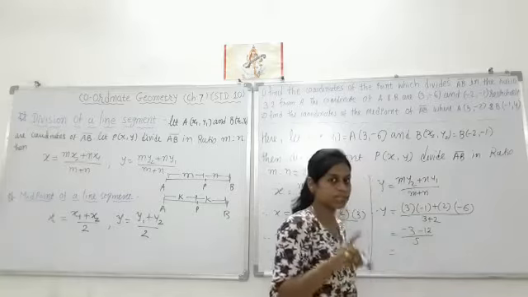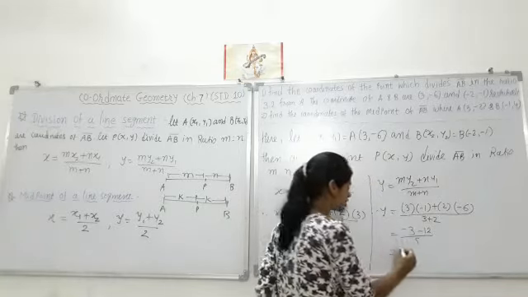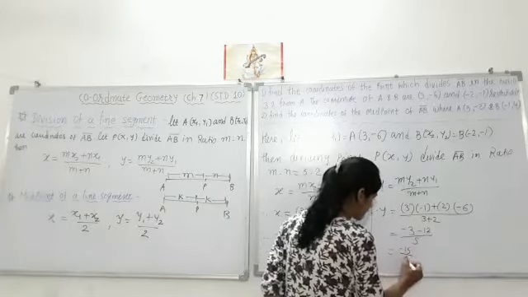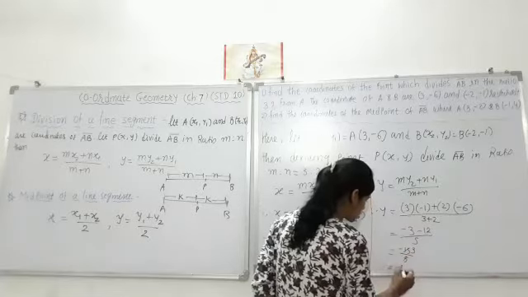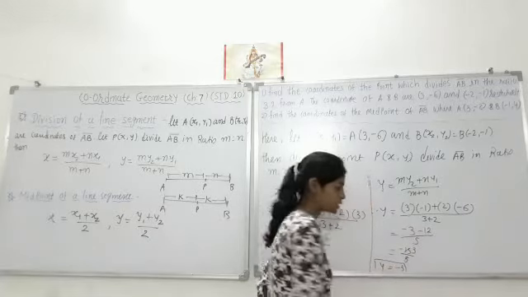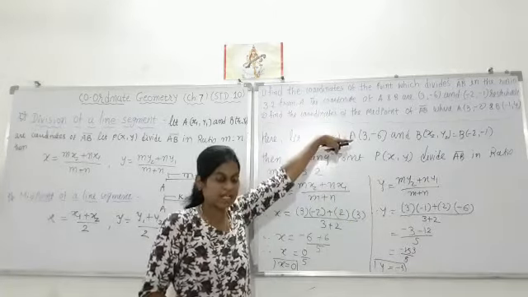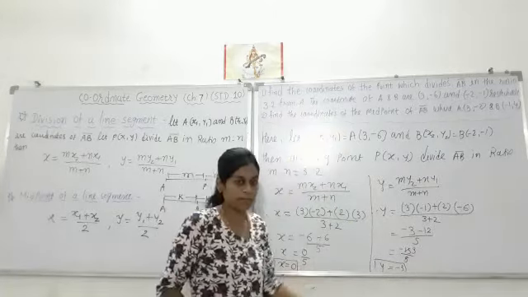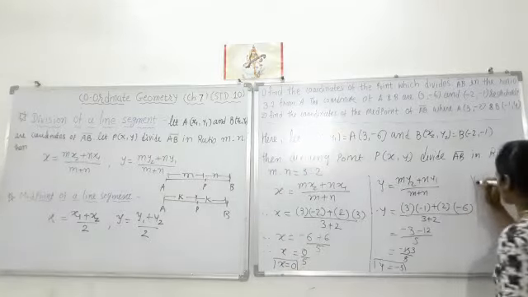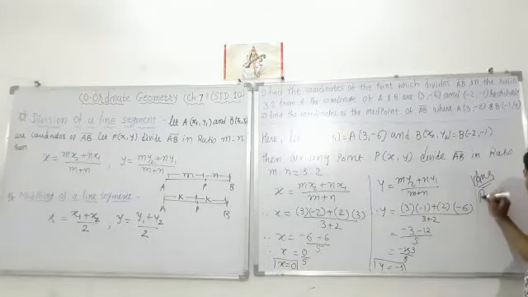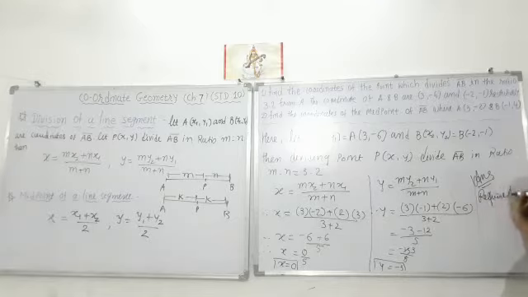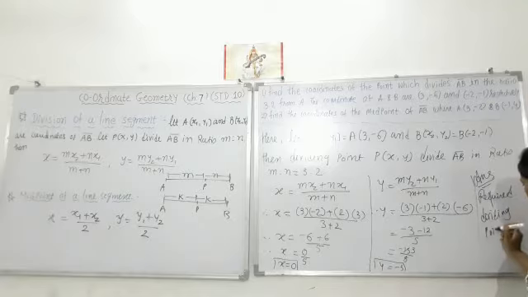Minus minus plus 12 plus 3 is 15, bigger digit sign, minus, 15 upon 5. 5 threes are 15. So your y is equal to -3. So the coordinates of the point which divides this line segment are 0 and -3. Here you should write your answer: required dividing point P of (0, -3).